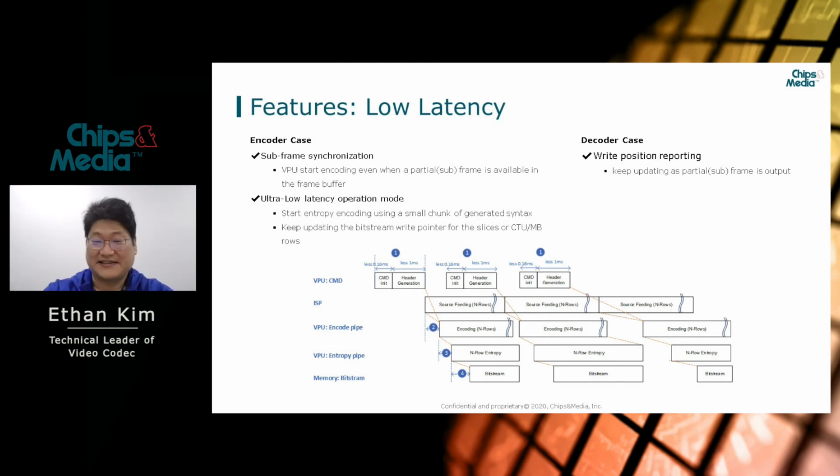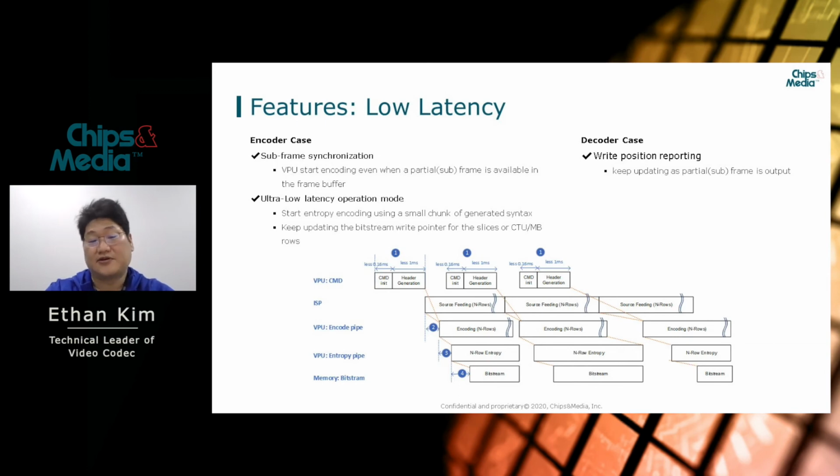Ultra-low latency mode is the encoder's operation mode that moves the internal pipeline stage from frame level to chunk level. In this mode, the entropy engine can start using a small chunk of generated syntax from the encoding pipeline, and the VPU updates the write pointer for the encoded bitstream at slice or chunk level.